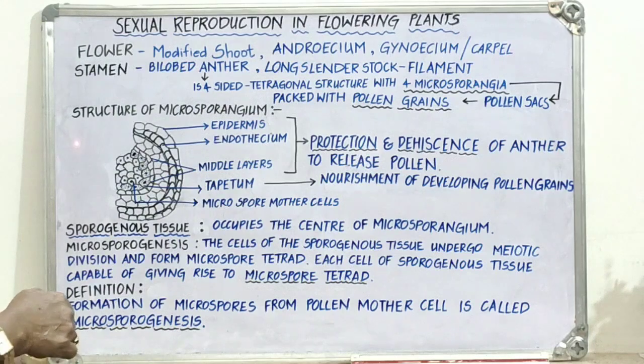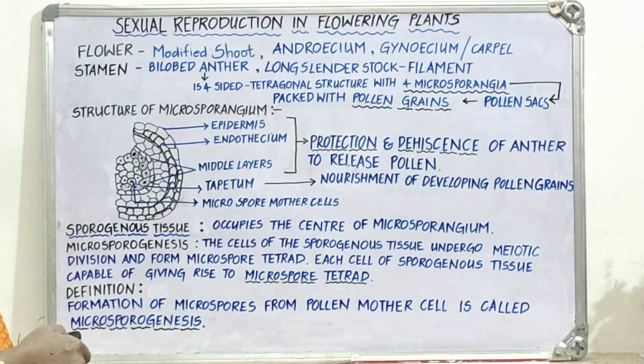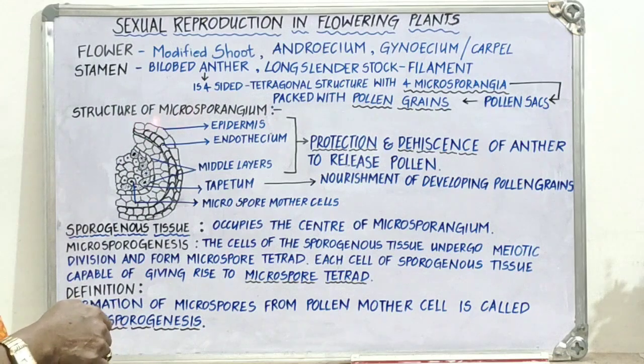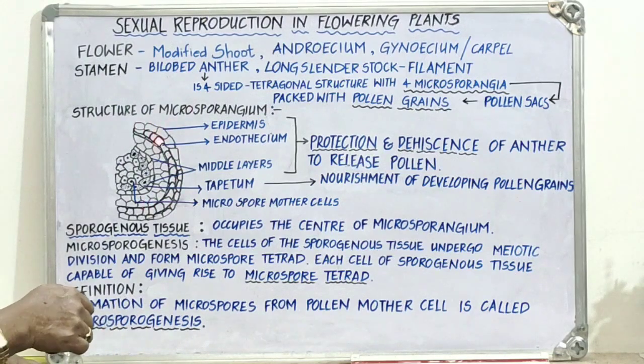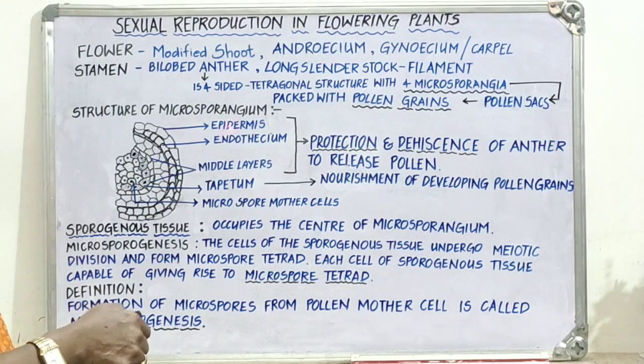First of all, here, the structure of microsporangium. So now we are going to learn what is the structure of microsporangium. According to this, we will see the section of this microsporangium. Here is the diagram, please all of you look at the diagram. We can see first epidermis.